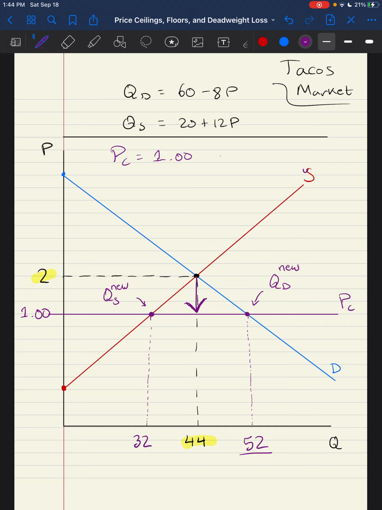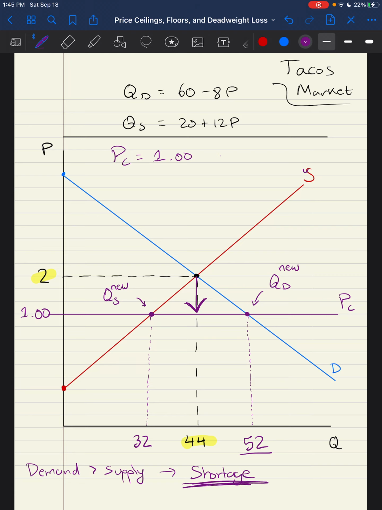Okay. So what is true here? Now our demand actually exceeds the supply. If our demand exceeds the supply, there is too much desire for tacos, but there's not enough tacos to go around. So this phenomenon is called a shortage.